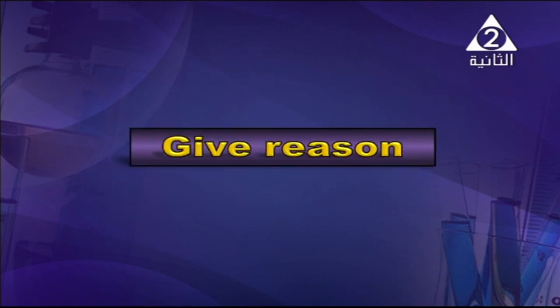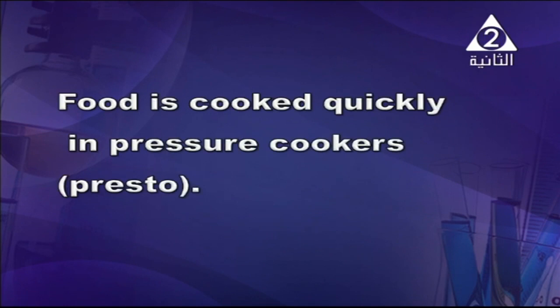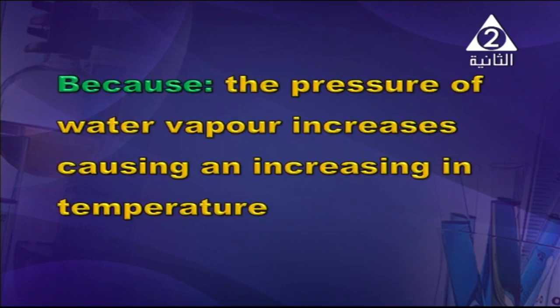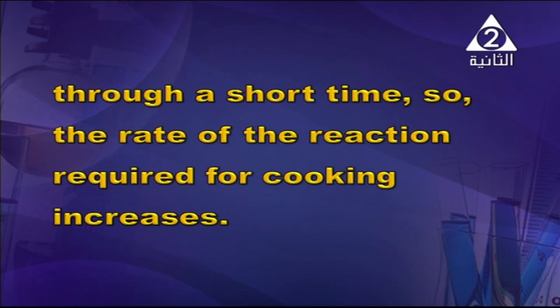Another good example: food is cooked quickly in the pressure cooker that is called presto. The reason is that the pressure of the water vapor increases, causing an increase in temperature, and this happens in a short time, so the rate of chemical reaction required for cooking increases.